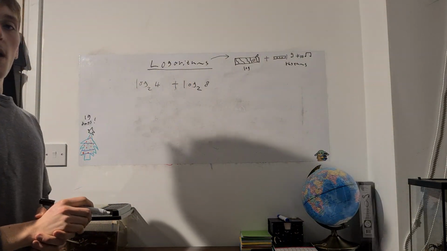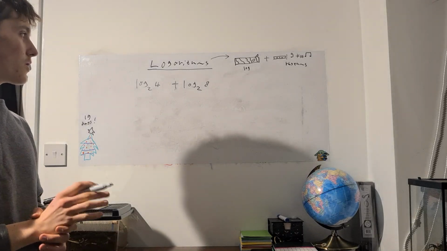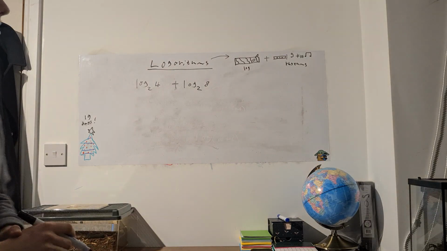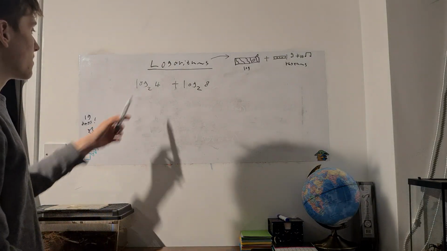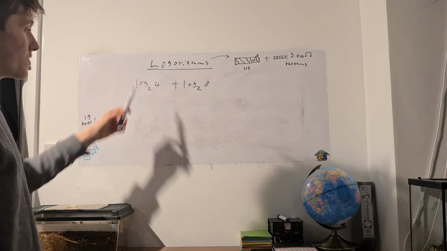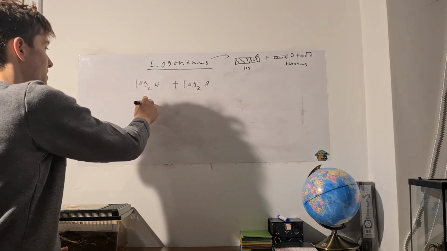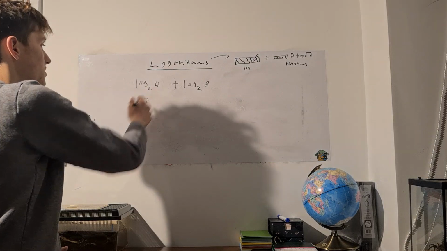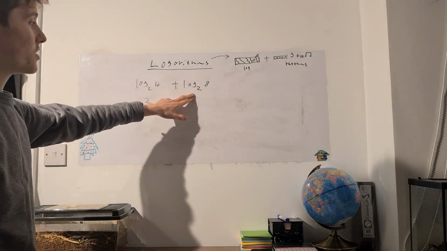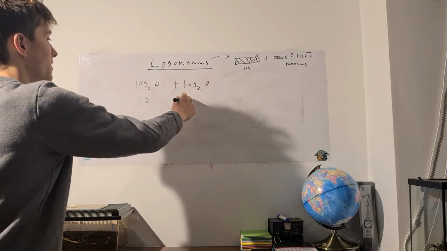Now you could solve that just converting as normal. You could just say log base 2 of 4 is equal to 2, because 2 raised to the 2 is equal to 4. Log base 2 of 8 is 3.